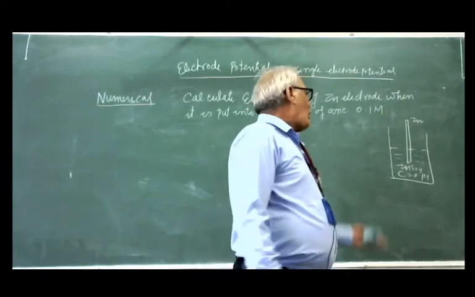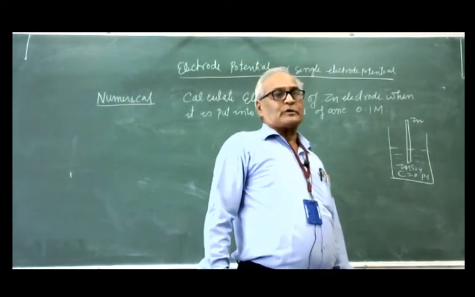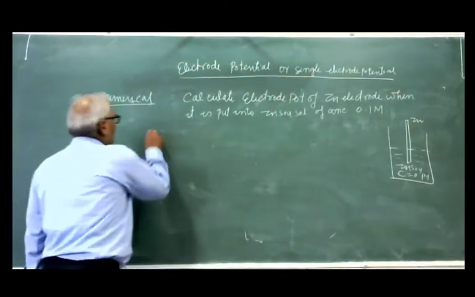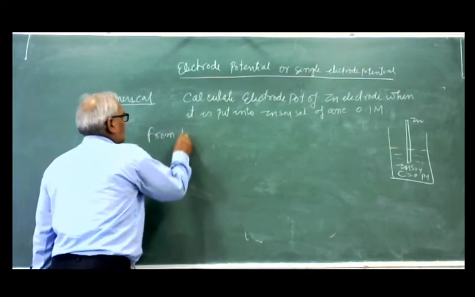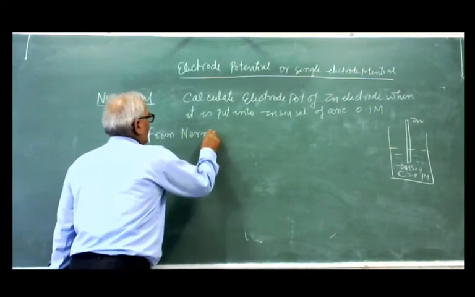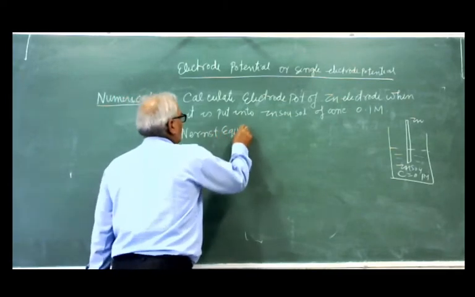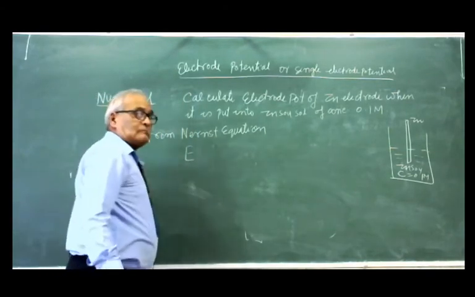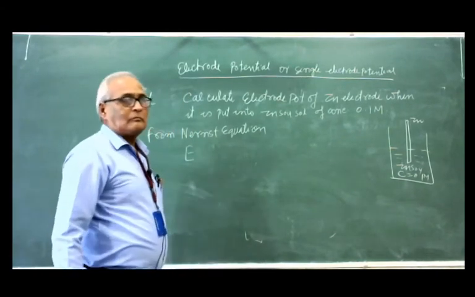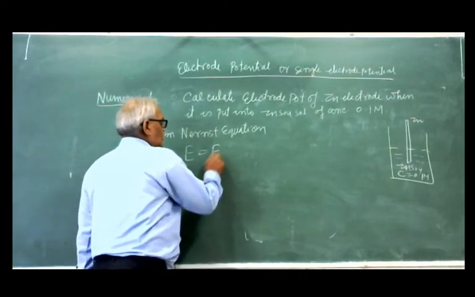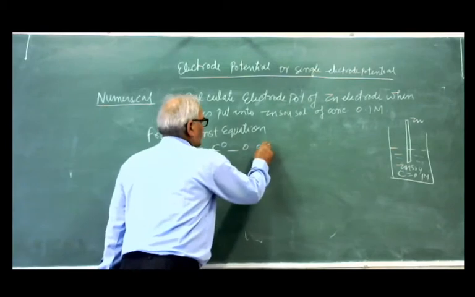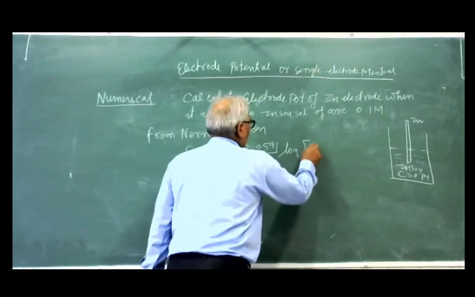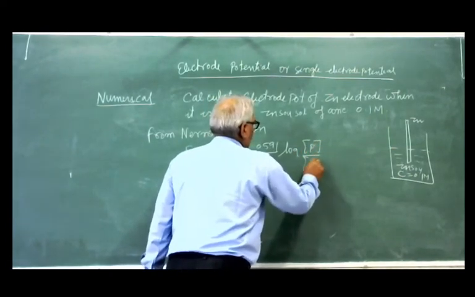So, what is the electrode potential? Very simply you can calculate it from the Nernst equation: E equal to E0 minus 0.0591 upon n, log of product upon reactant concentration.